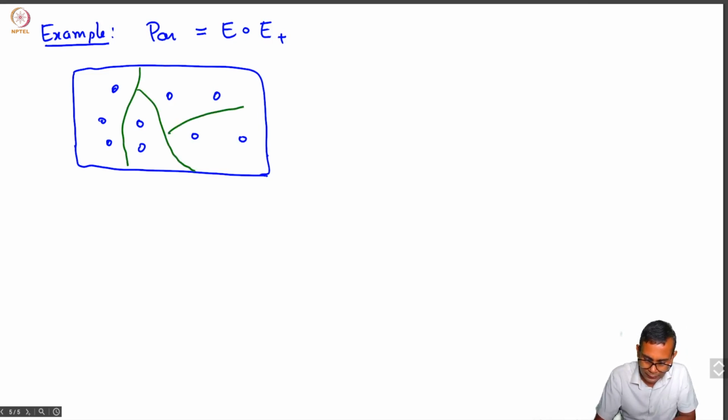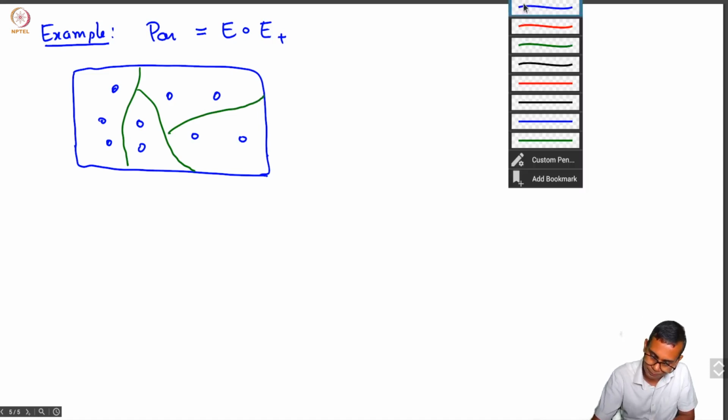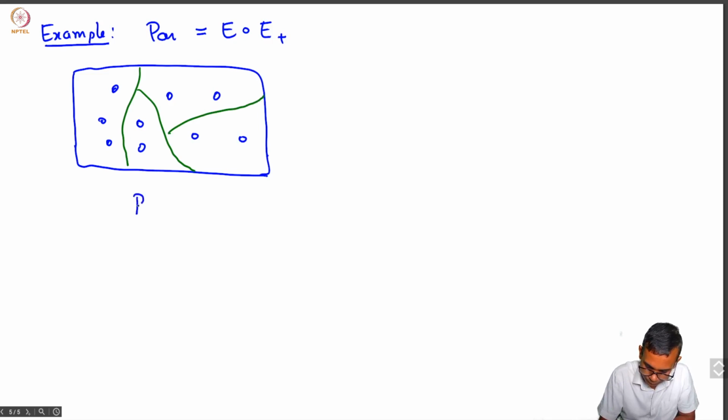And so here's an example of a partition. But this is the same as dividing the whole set into non-empty subsets, which is what E circle E plus does.